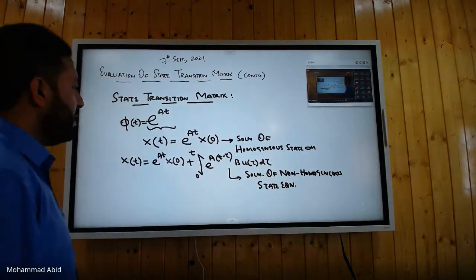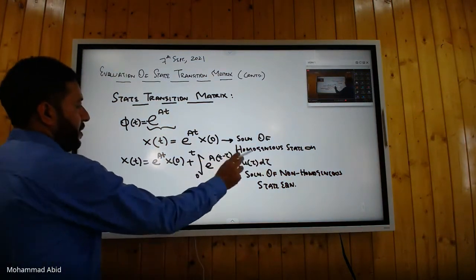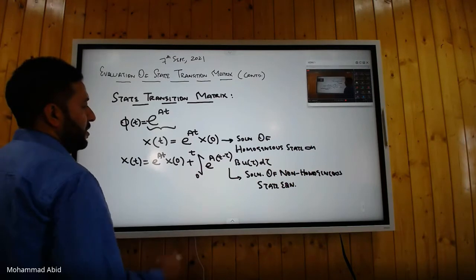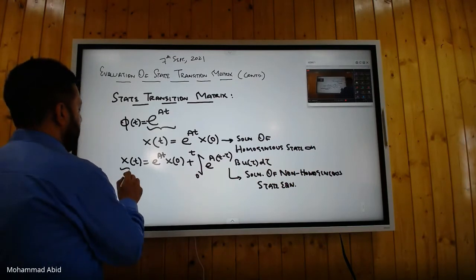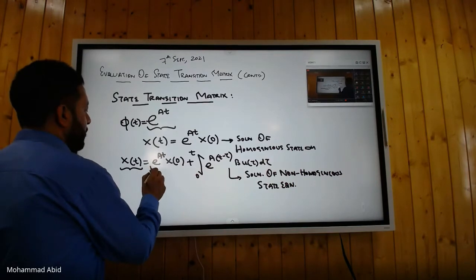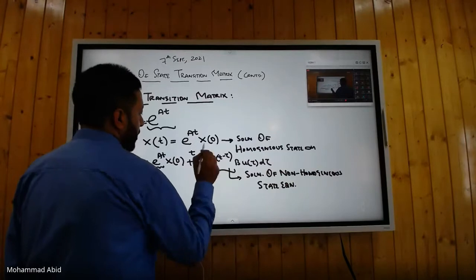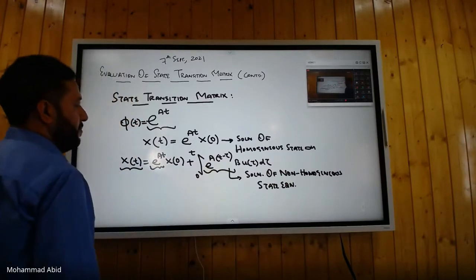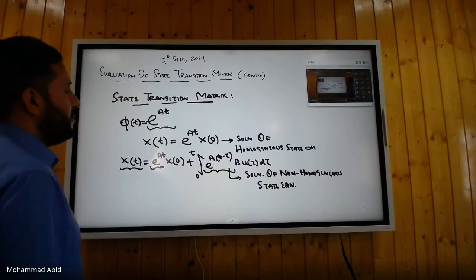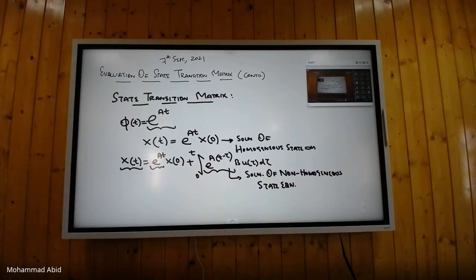Now, given the initial conditions and given the input, if you are asked to solve this equation and obtain the value of x(t), you need to know how to evaluate e to the power At. You need it here and here. So our topic, which we started last time, is how to evaluate the state transition matrix, and one method I have already shown you.